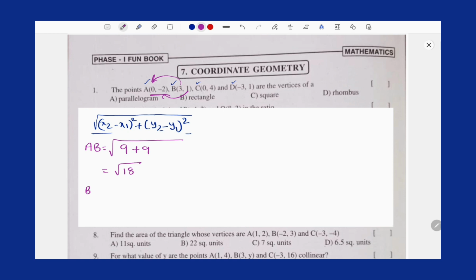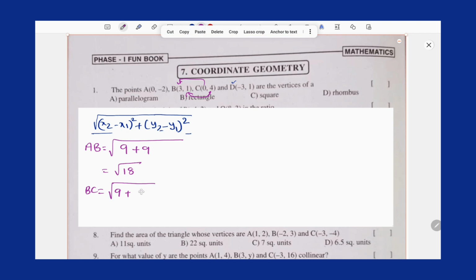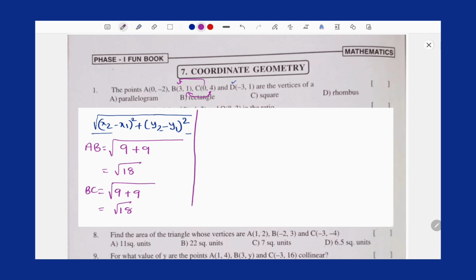Now BC is equal to root over, see 0 minus 3, minus 3 whole square 9, plus 4 minus 1, 4 minus 1 means 3, square 9. So that is equal to again root 18. Now CD.